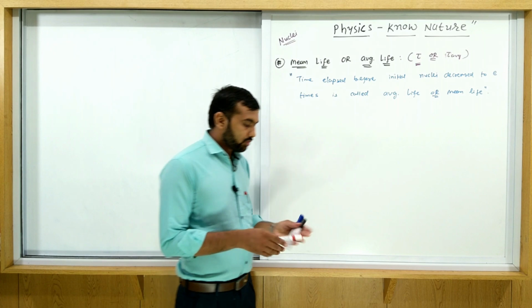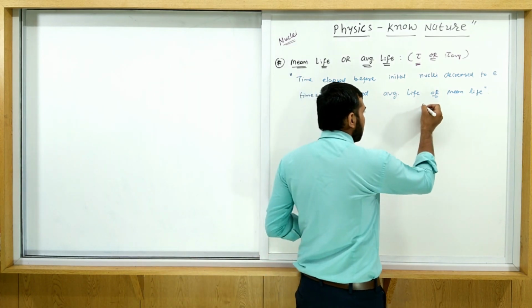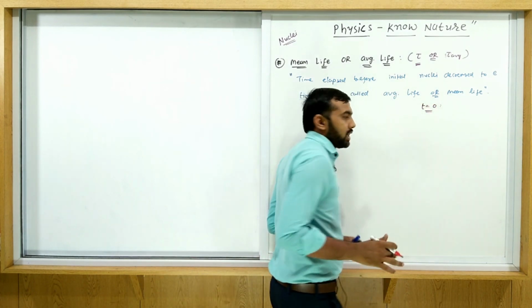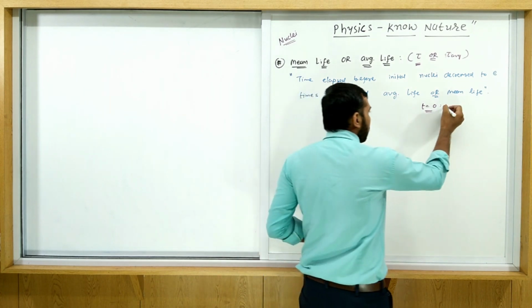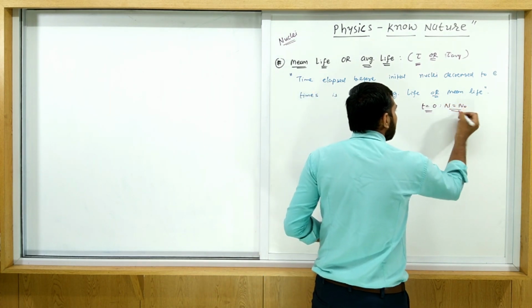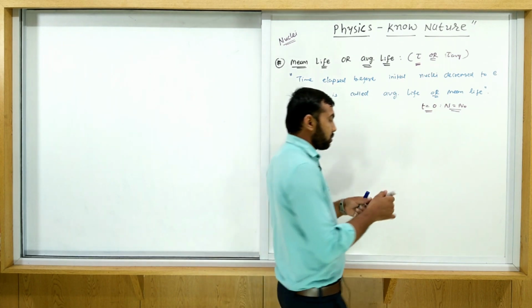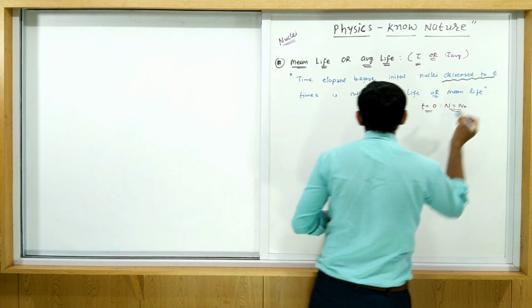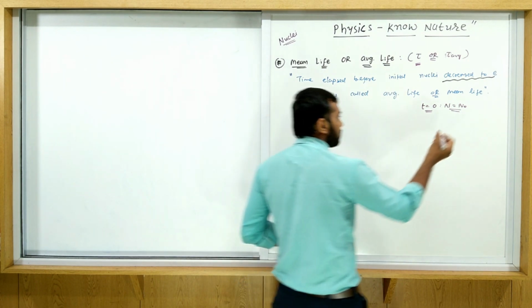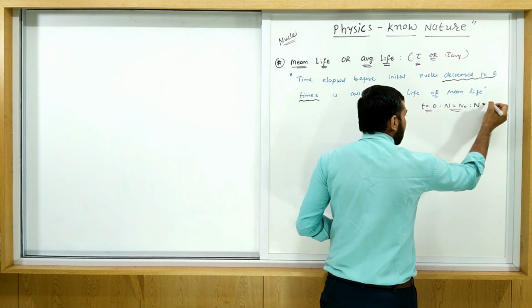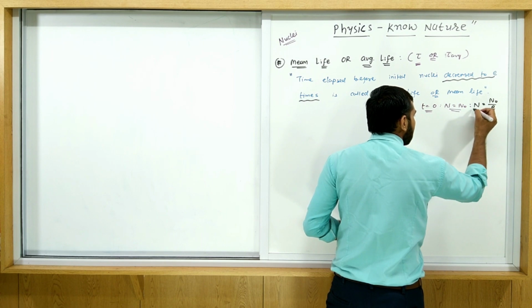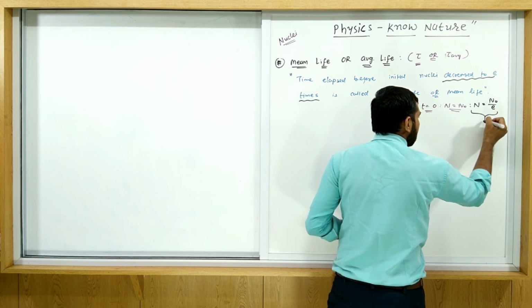It means at t equal to 0 you have N equal to N0 nuclei. Now these nuclei decrease to 1/e times, that is, when N becomes N0 by e, some time is required for it.